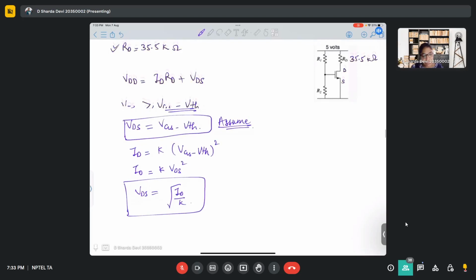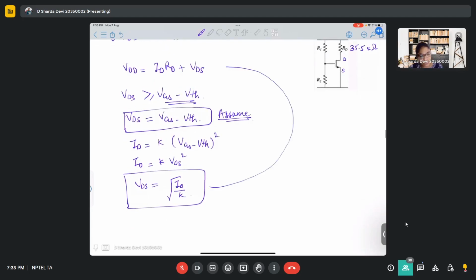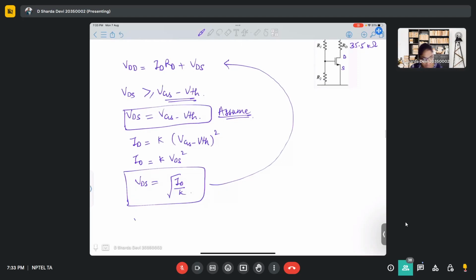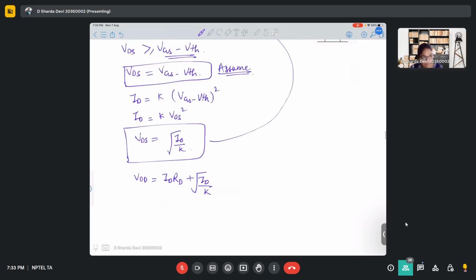So we'll substitute this into the first equation. VDD is equal to ID RD plus root under ID by K. So we can make it VDD minus IDRD equal to root under ID by K, and we can square both sides.